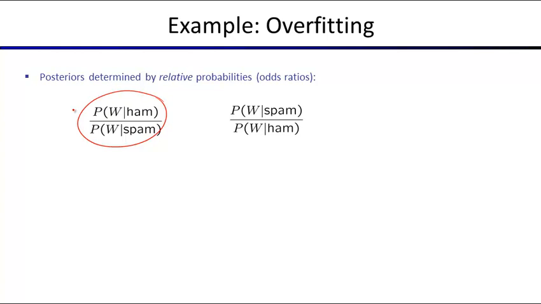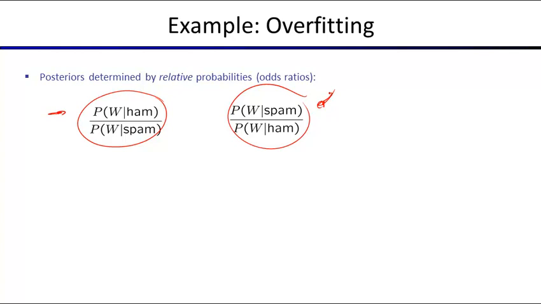If this ratio for a word W is really high, that means it heavily favors ham. If you see that word somewhere, you're going to push really hard for ham. The other way around, if you see a word with a very high ratio of the right-hand side type, that'll really much push it towards spam.